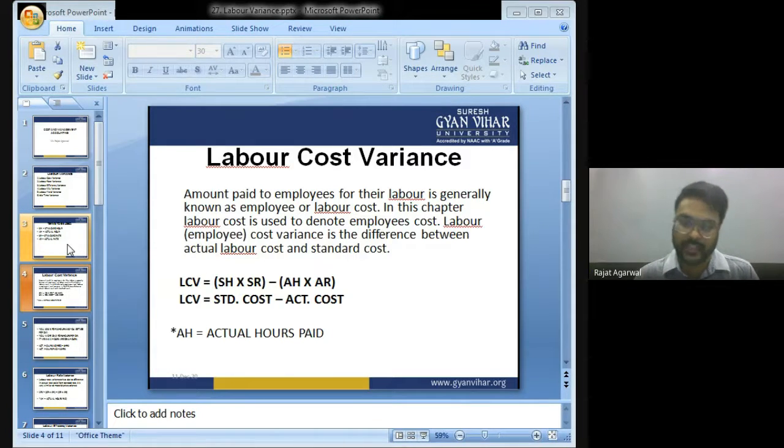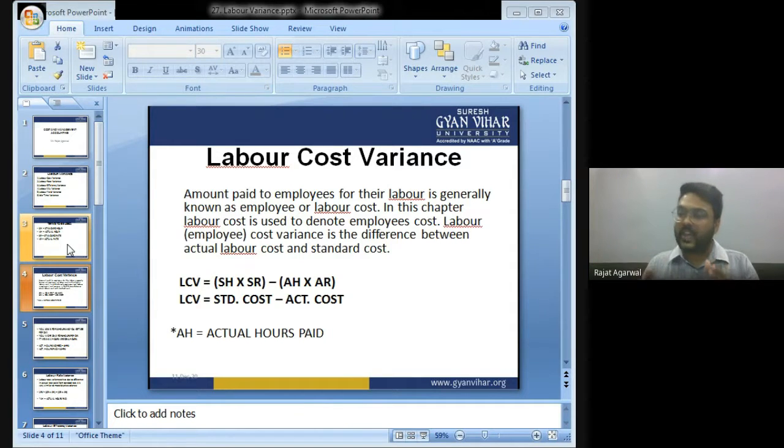Labor cost variance equals standard hours into standard rate minus actual hours into actual rate. Standard hours into standard rate is known as standard cost, and actual hours into actual rate is known as actual cost. But do you remember material cost variance?